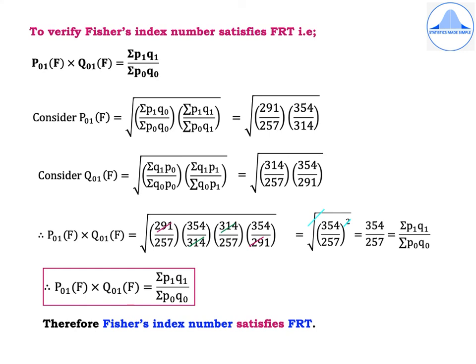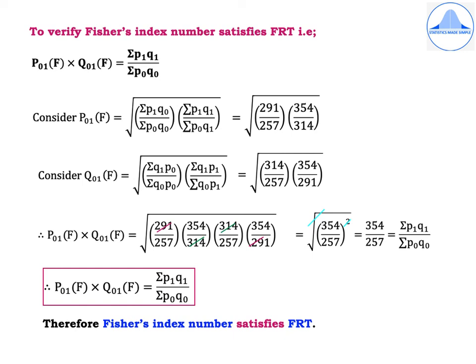Therefore, P01 of f into Q01 of f is equal to root. Write down all the 8 values and you will see that 291 in the numerator and denominator gets cancelled as indicated by the pink line, and 314 in the numerator and denominator get cancelled as indicated by the green line, which gives us root of 354 divided by 257 the whole square.